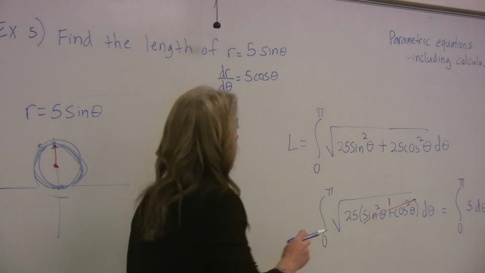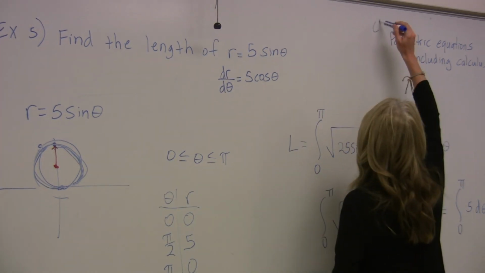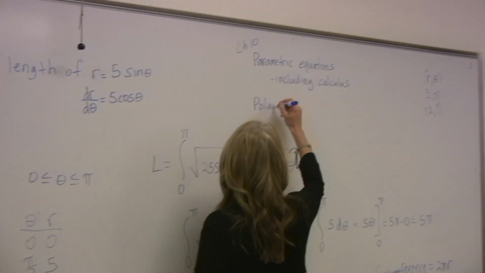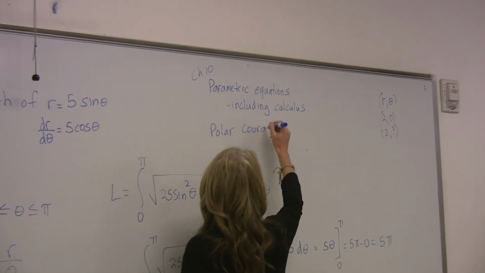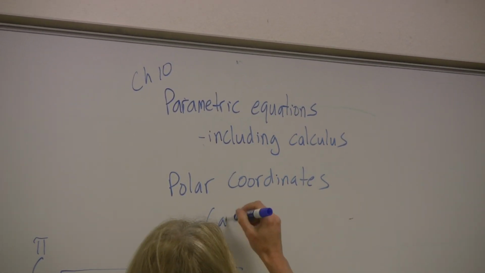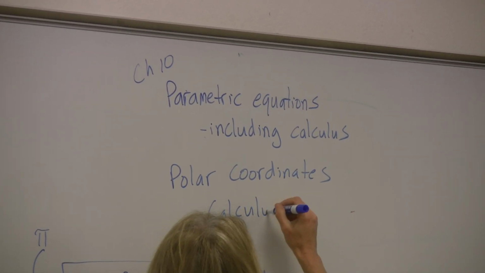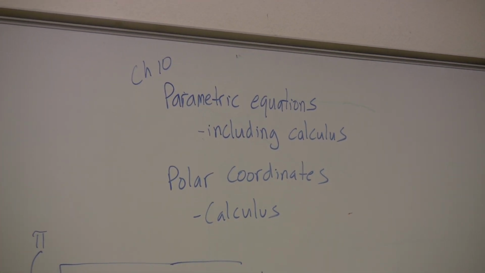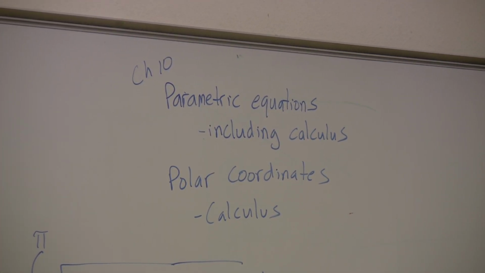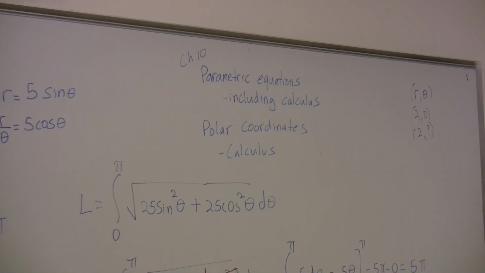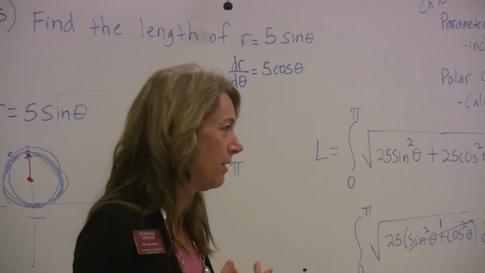So that was chapter 10. And the second part of chapter 10 was polar. And then the calculus with that, where we did tangent lines, we did areas between curves, we did arc length. So chapter 10 only has these 2 short ideas in it, but there's a lot in there.